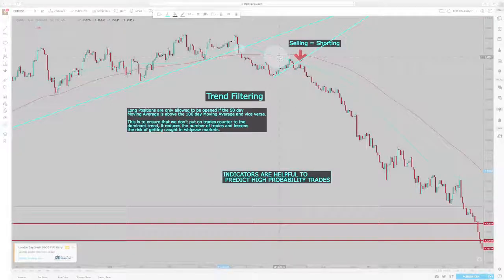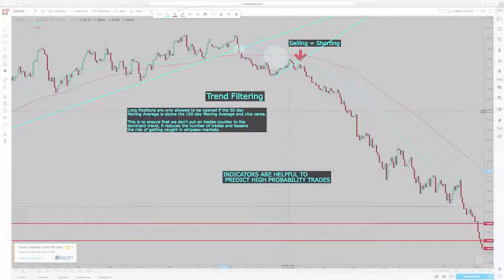The moving averages are indicators, and we can use multiple indicators to give us multiple confirmations to predict a trend. We follow the trend, collect the pips, make an income.